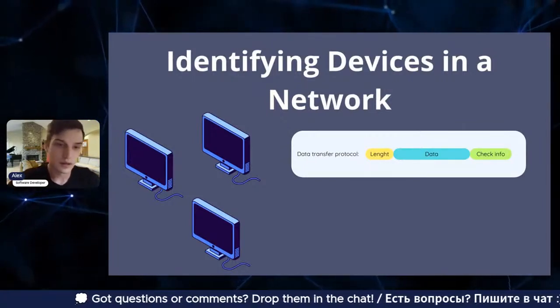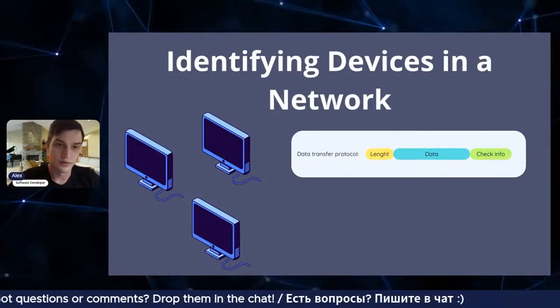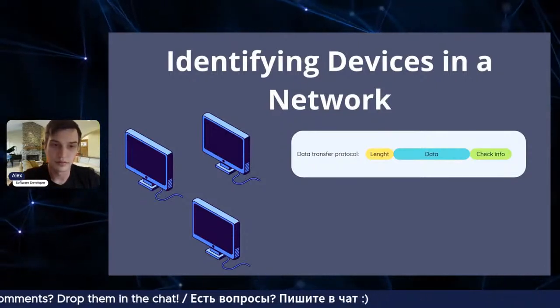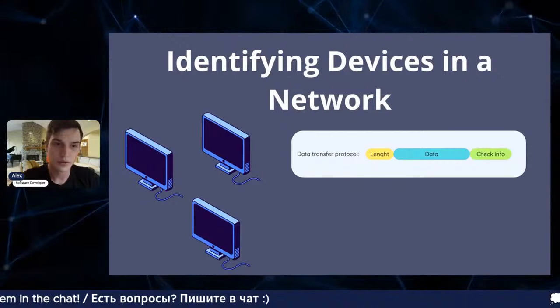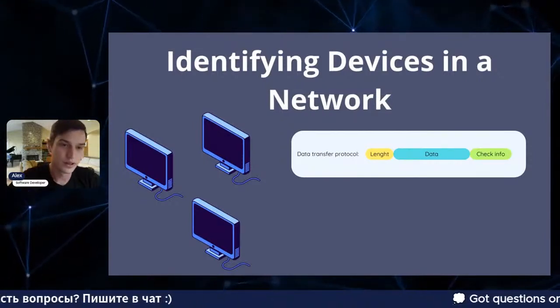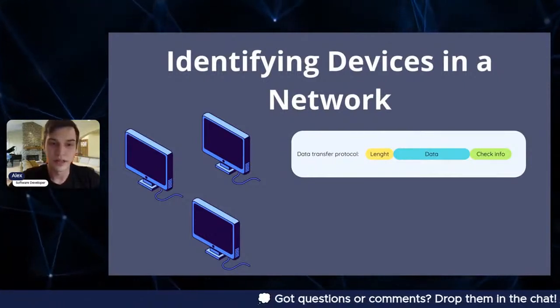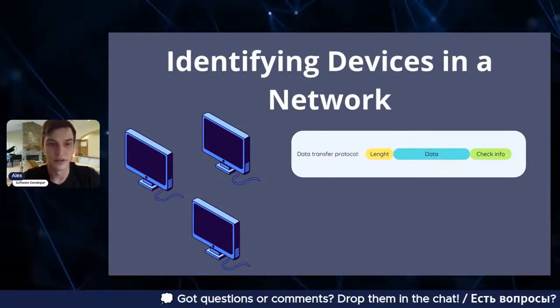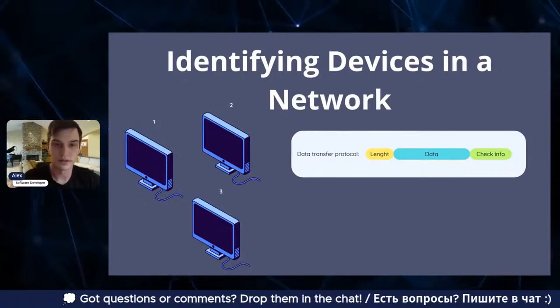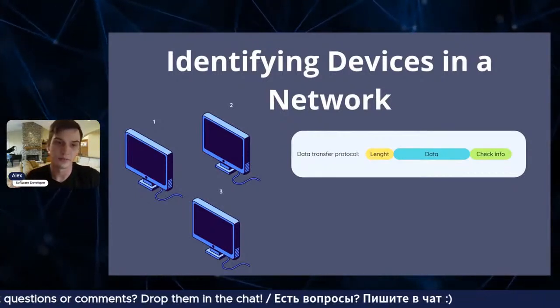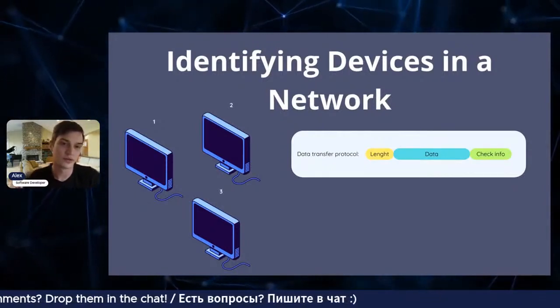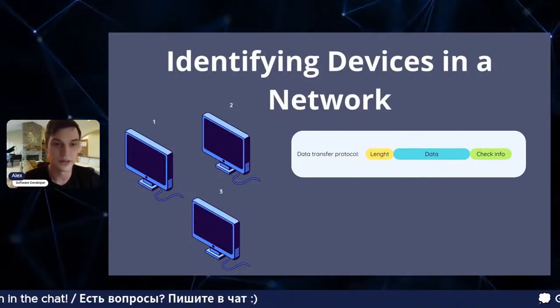So there is a problem, because if the first computer sends a message, both computers will receive it, but we actually don't want everyone to know what we are sending. So we need to identify computers somehow. We need to identify the source and the destination. And okay, we have only 3 computers, so we can use numbers to identify them.